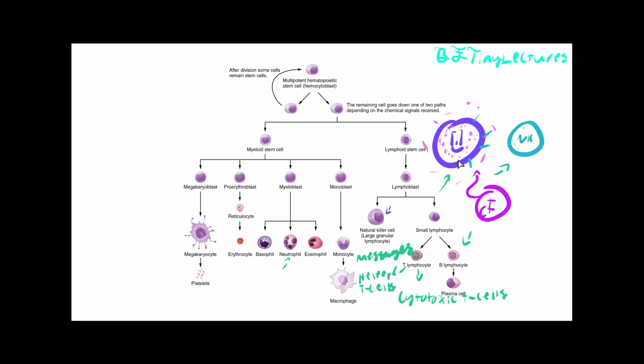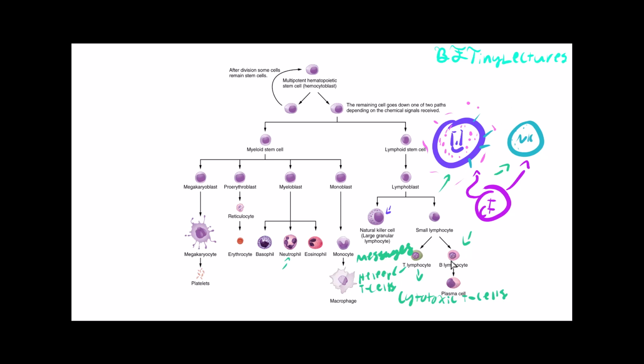It's going to kill the infected cell. So cytotoxic T cells also work with natural killer cells. So natural killer cells and cytotoxic cells are a part of the immune response that will eliminate the pathogens. They will kill the pathogen or the infected cells with viruses.